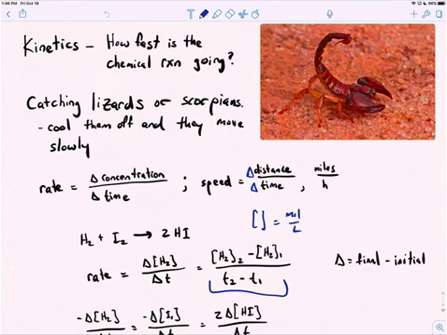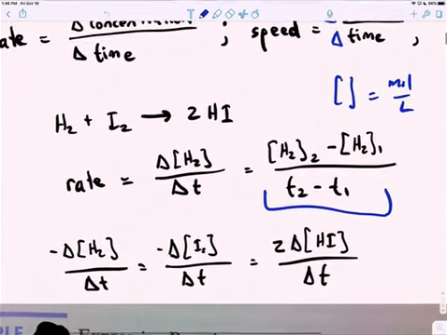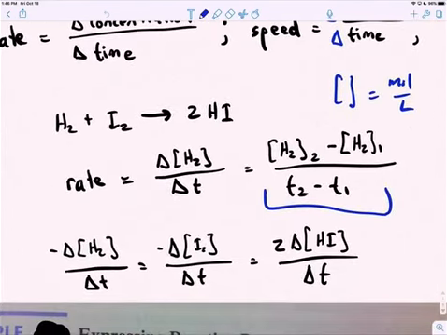In these brackets, you can see brackets, these mean moles per liter. So, for instance, let's look at this chemical reaction here: H2 plus I2 makes 2HI. You can view the rate as the change in concentration, and the capital delta there means change. Change in concentration of hydrogen over change in time: delta [H2] over delta t, where t is time.